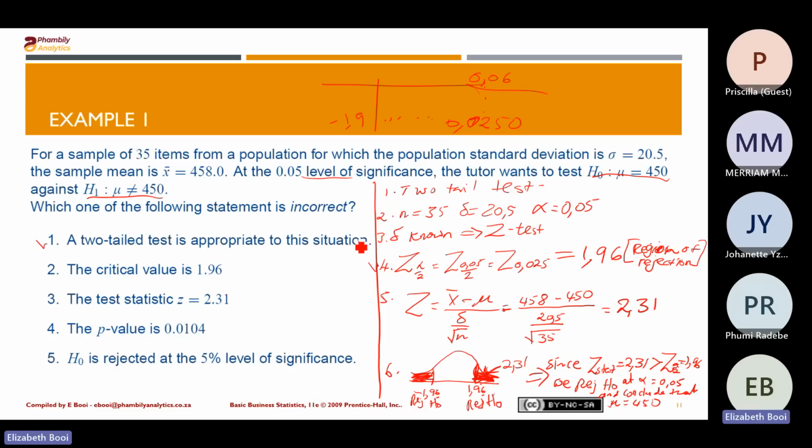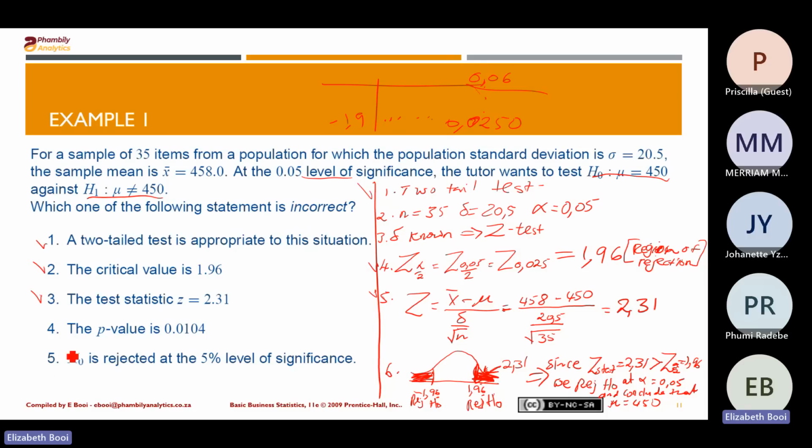We did calculate it and it is correct. The test statistic is 2,31. We calculated that and we found that it's that. I'm going to skip the p-value and introduce it later on. We can always come back to this example if we want to determine that.